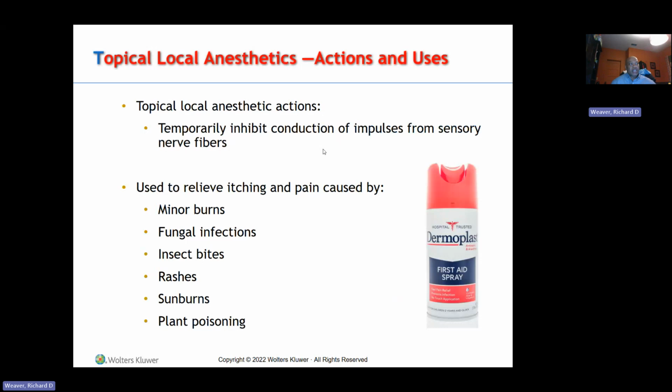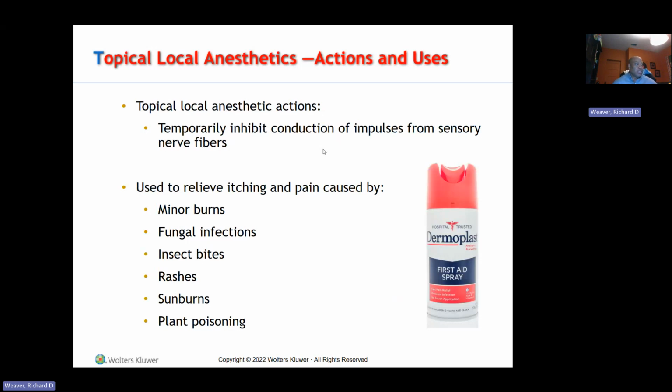And so this drug just basically stops that impulse. If I stop the impulse, then that impulse does not travel to the spinal cord and get interpreted by the brain. So essentially, the brain has nothing to interpret because we're impeding the impulse.